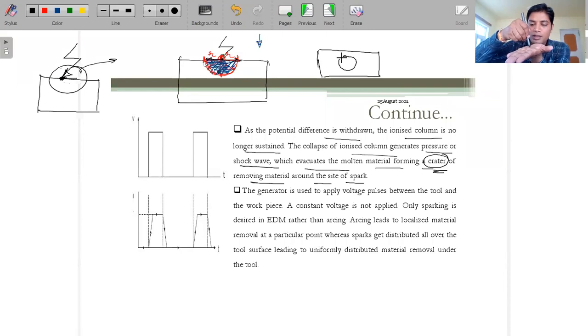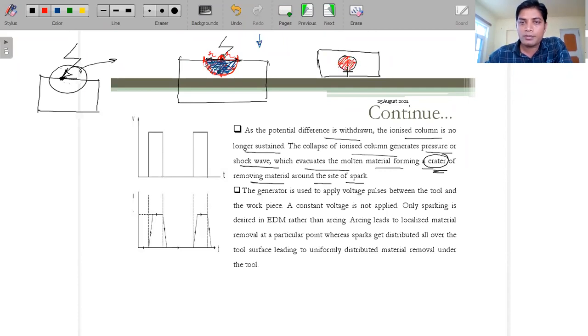If this is r and this is r, then in this direction it will also be r, and in all directions when you match them, it will be a circle. This is exactly the point where the spark is generated. This is r, this is small r, and everything is r only. So this is the circle.